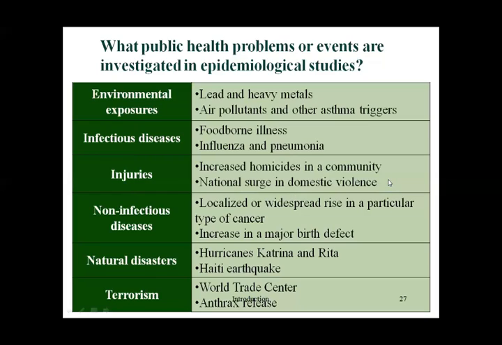If there is a lot of homicide and violence, automatically a lot of people will suffer from injuries and disabilities, and these things will cause a lot of health issues in the community. We also study non-infectious diseases in the community, like cancer or birth defects, and collect the data in epidemiological studies.